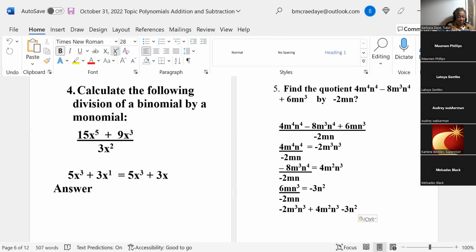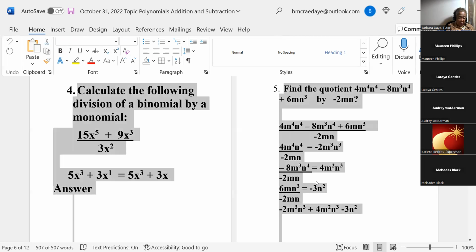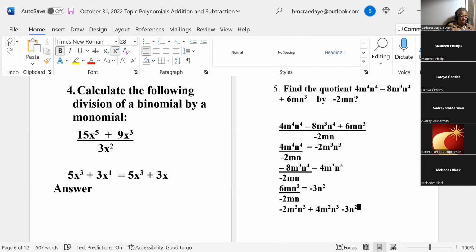You can put them in the order that you got them, but it doesn't really matter here. If you just put all those terms down, except you need the minus here, you wouldn't put a plus. So that's your answer.